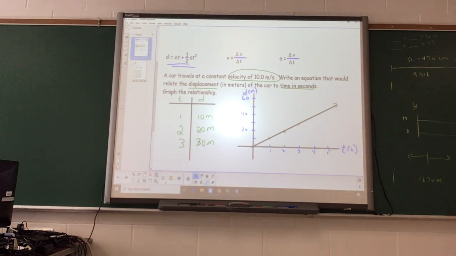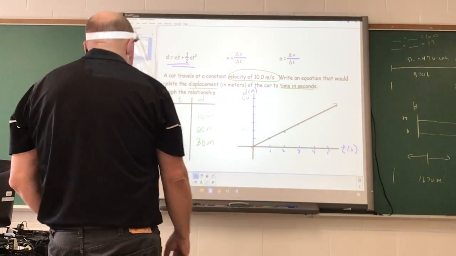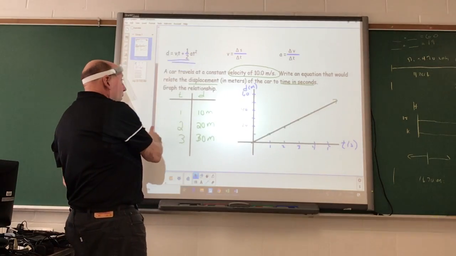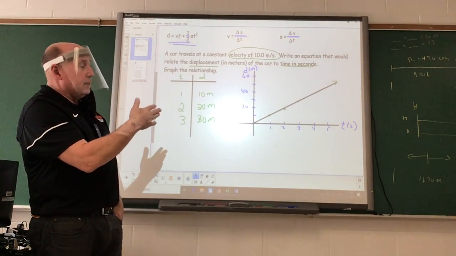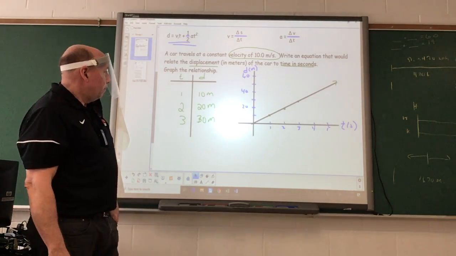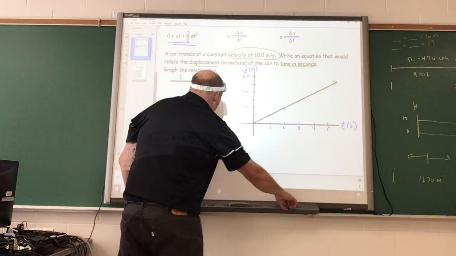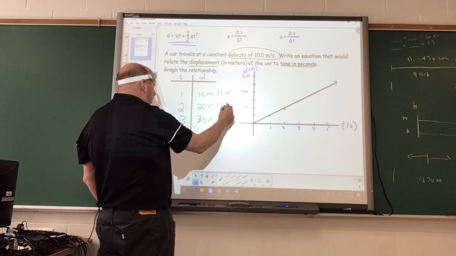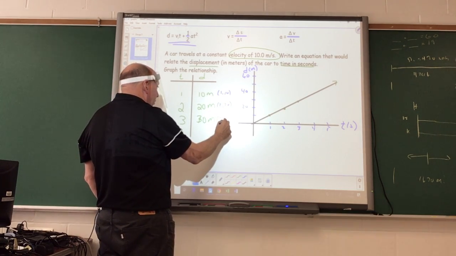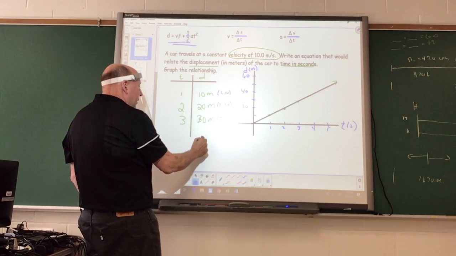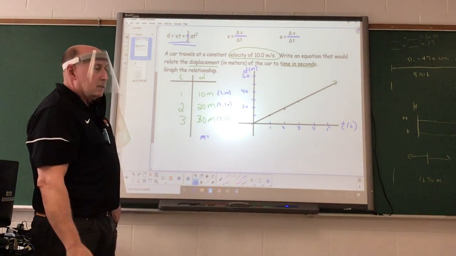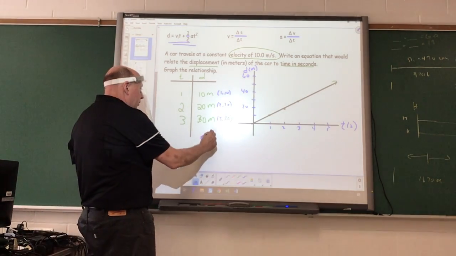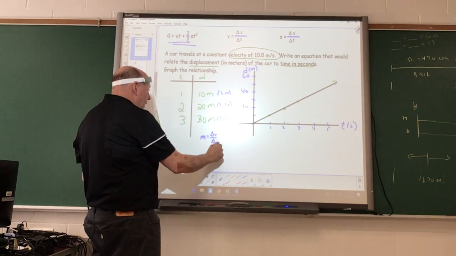And what we also ask here is to determine an equation that relates the displacement and the time. Well, I have ordered pairs here of (1, 10), (2, 20), (3, 30). We can find the slope of this line, which is defined as delta y over delta x.